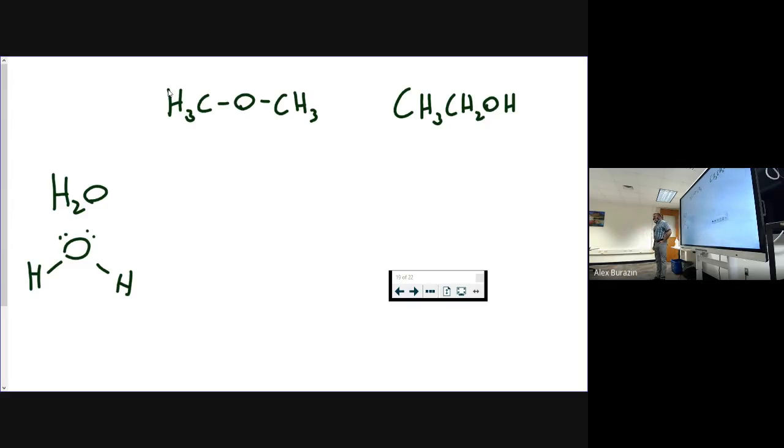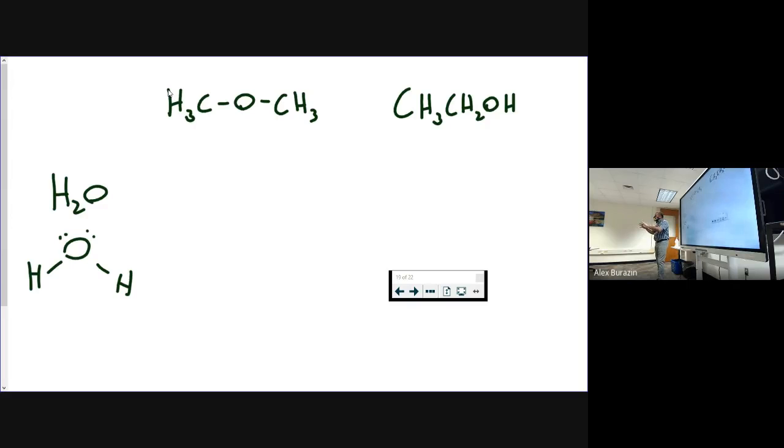Forms hydrogen bonds, right? Dimethyl ether looks like this. There's an oxygen in the middle, a carbon on one side with 3 hydrogens coming off of it, a carbon on the other side with 3 hydrogens coming off. Okay? Polar or non-polar? Start there. It is polar.